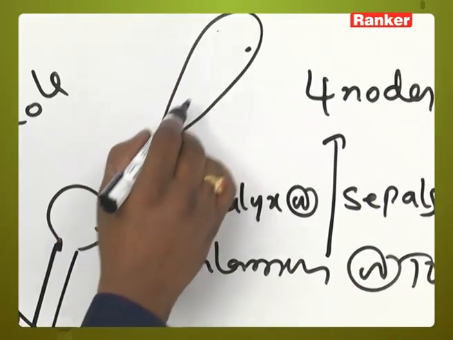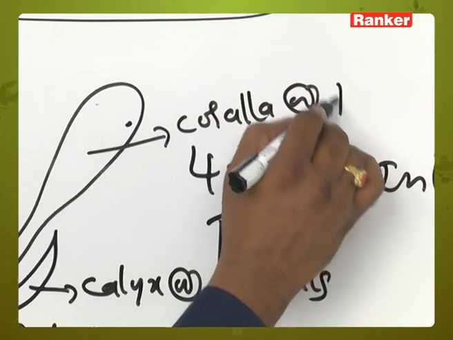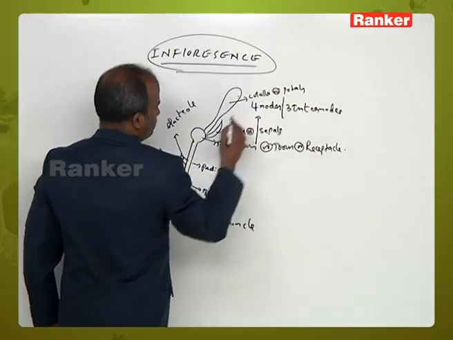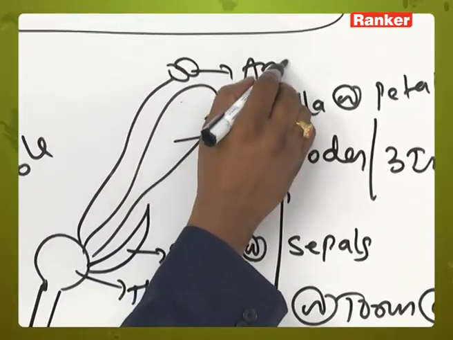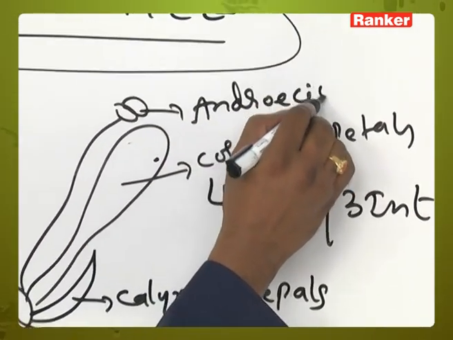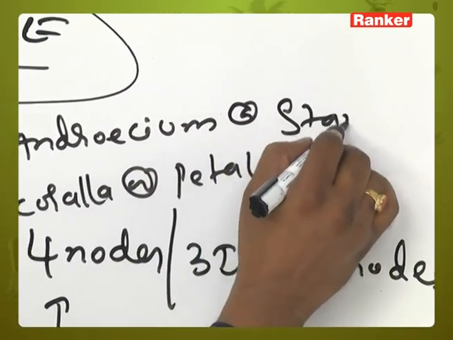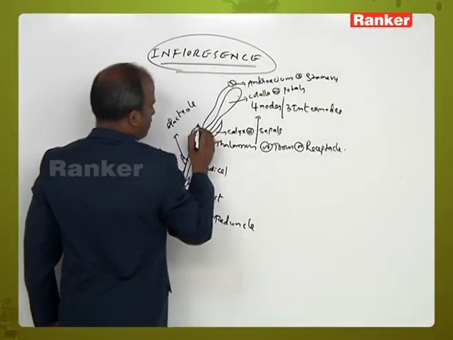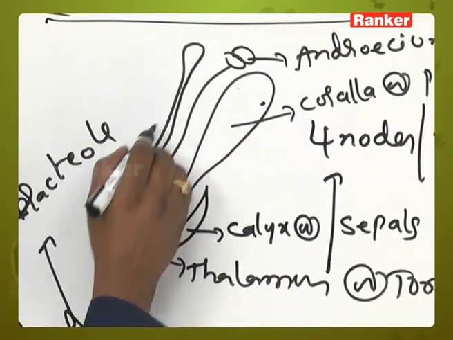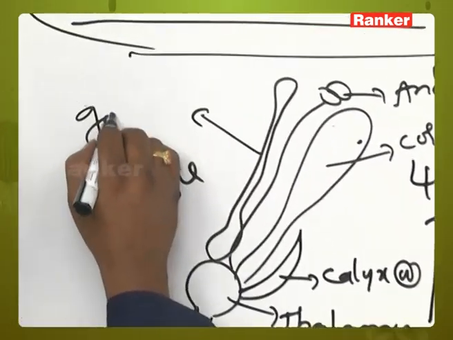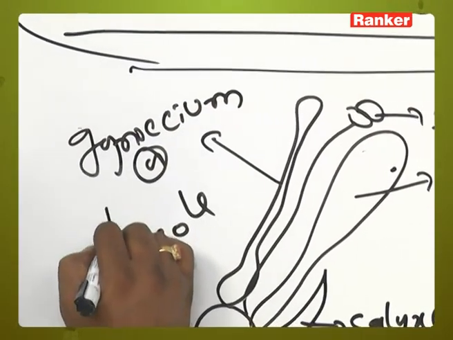Second node is occupied by corolla, in floral whorl called petals. Third node is occupied by androecium or stamens. And the fourth node is occupied by gynoecium, or also called pistil.